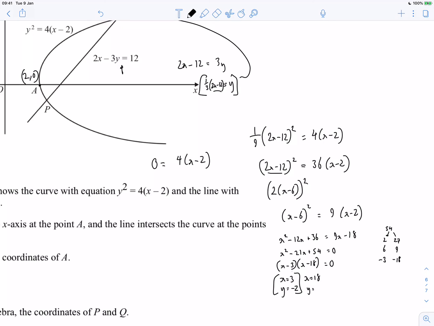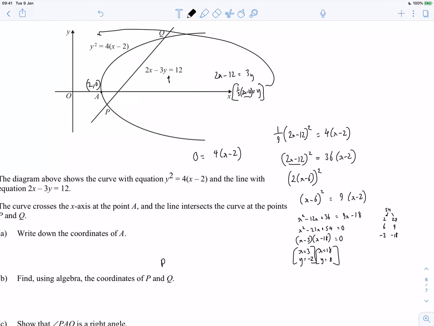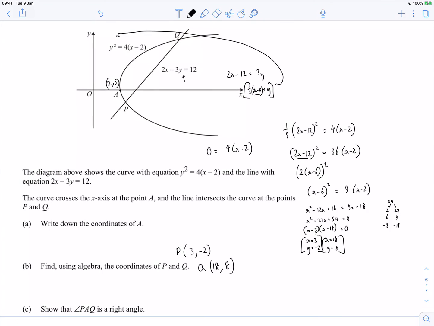When x is 18, 2 lots of 18 is 36. 36 minus 12 is 24. 24 divided by 3 means y is 8. So the coordinates of P, the one to the left, is (3, minus 2), and the coordinates of Q is (18, 8).